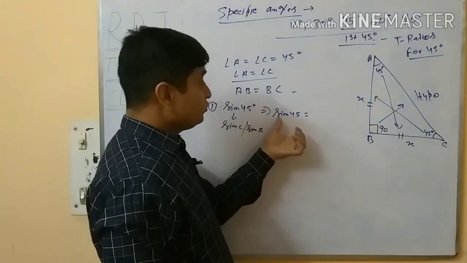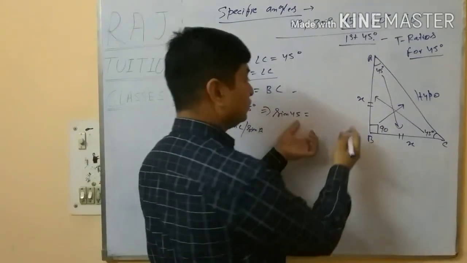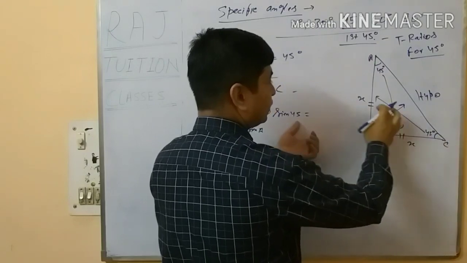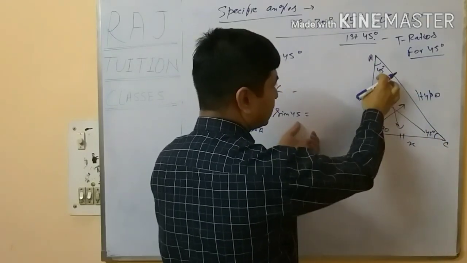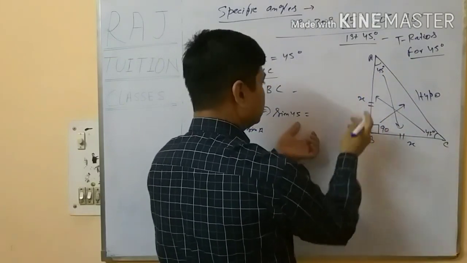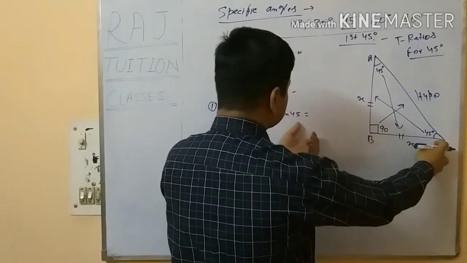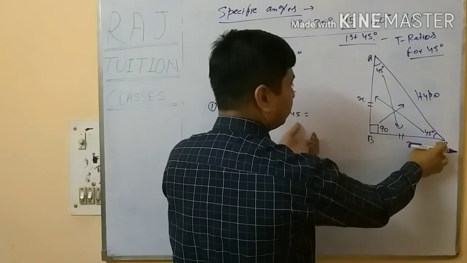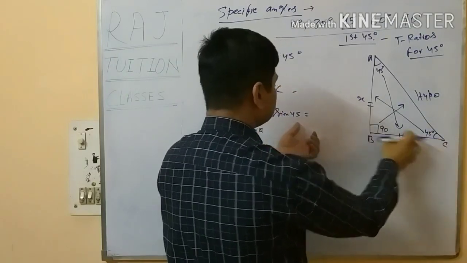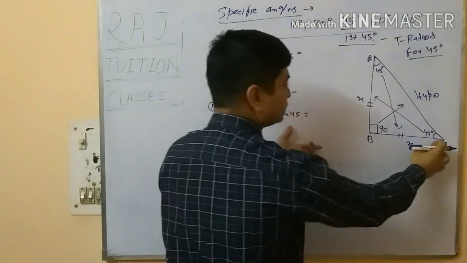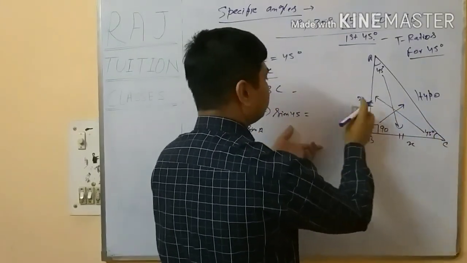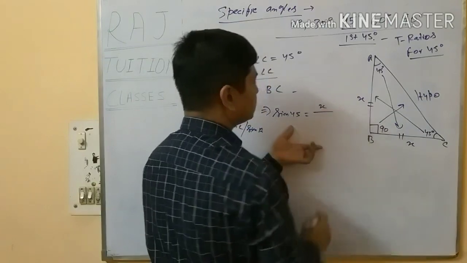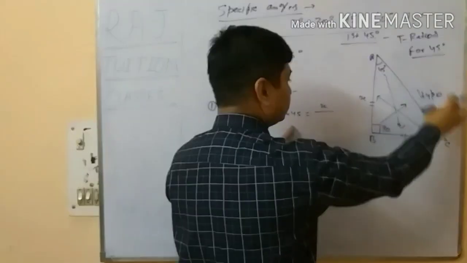If I want to find sine 45, for the side opposite to 45, you may take this side or this side, because this angle is 45, and this angle is also 45. So let's take this one. Sine 45 equals side opposite to angle 45. The side opposite to angle 45 is x, divided by the hypotenuse.